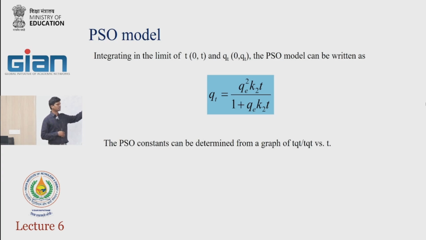This is one of the forms I have mentioned here. It looks like what you see in Langmuir type adsorption isotherm. So you fit a graph of t over Qt versus t, and you will get a linear equation. If that is the case, then it follows a pseudo second order model.